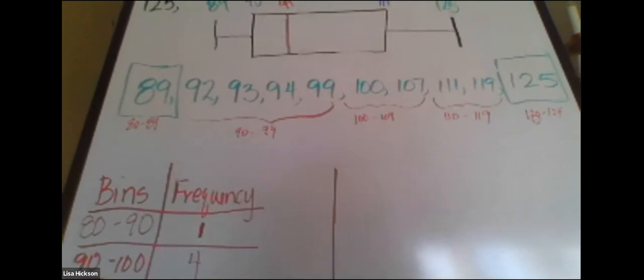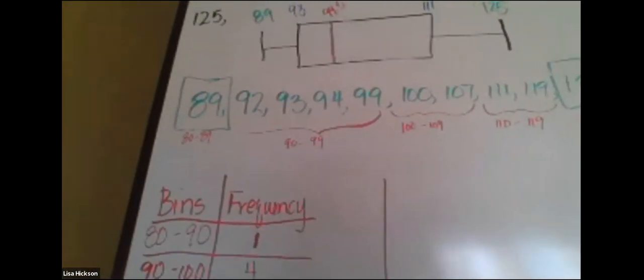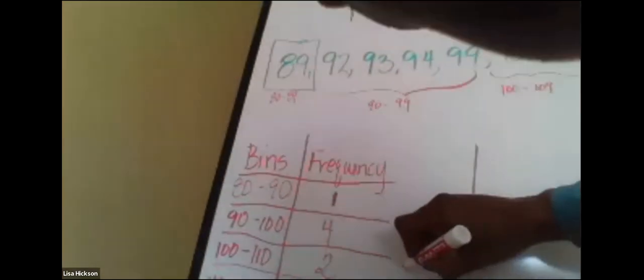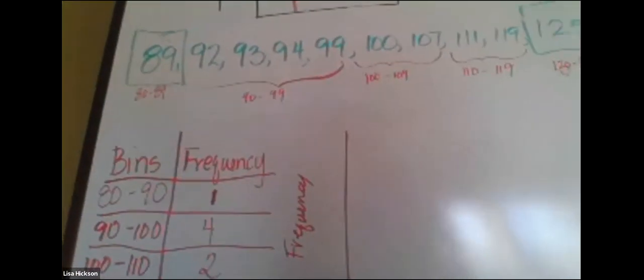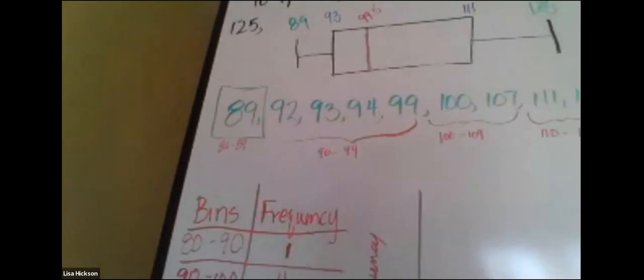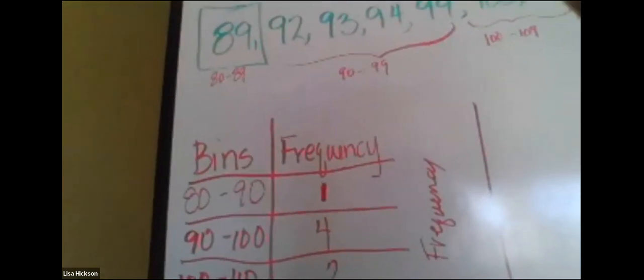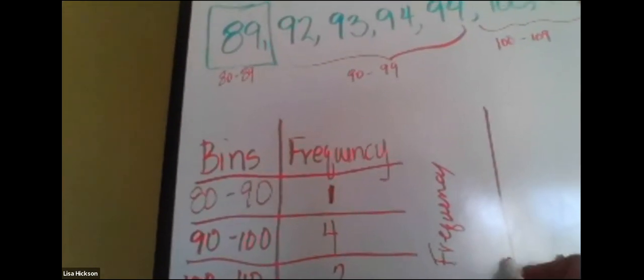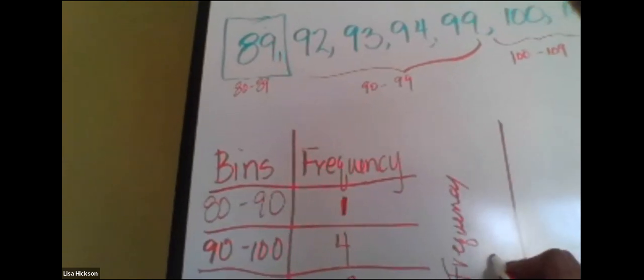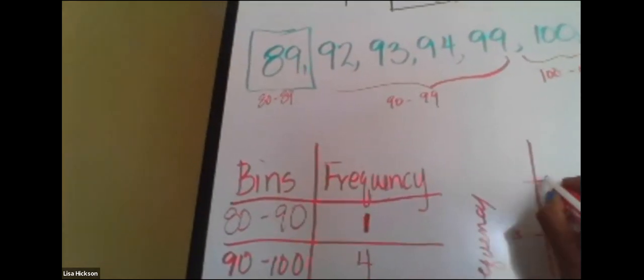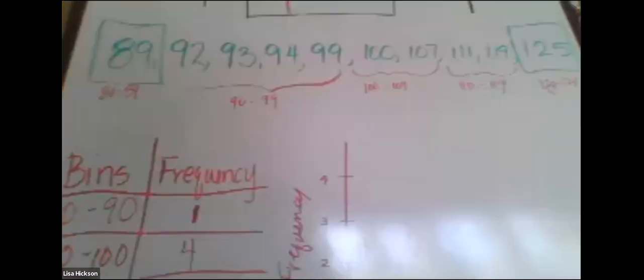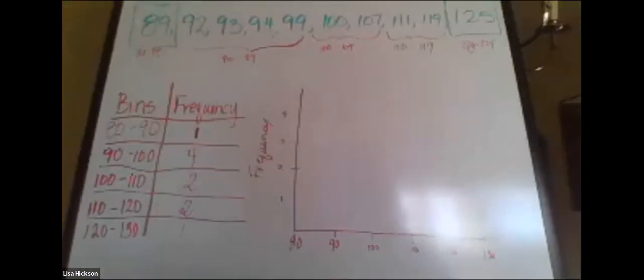So now, up the side is the frequency. So remember, you gotta label your graph. So we only need to go up to 4. So let's say 1, 2, 3, 4.